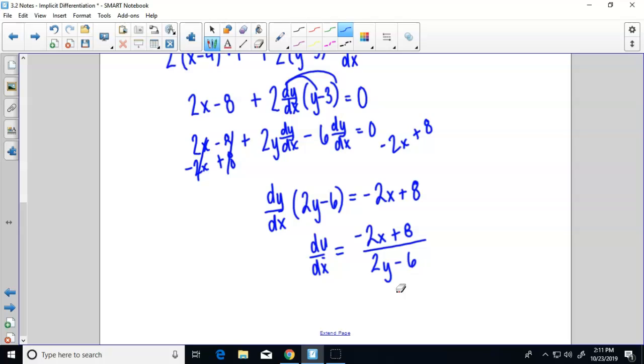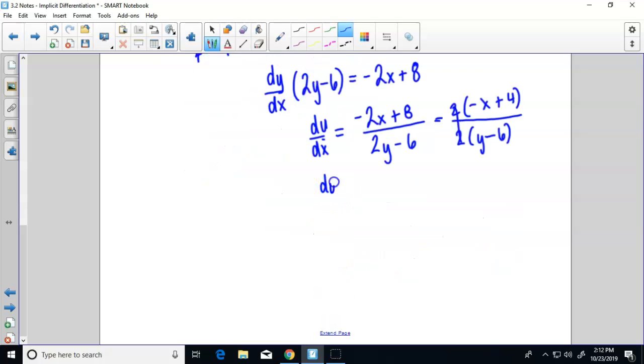Now, you're probably not going to see the answer left like this. You might know why that is. You can simplify it because everything there is divisible by 2, so you can think of it like you're factoring out a 2. So you'd have 2 times negative x plus 4 over 2 times y minus 3. The 2's will cancel, or you could just divide everything by 2, either way.